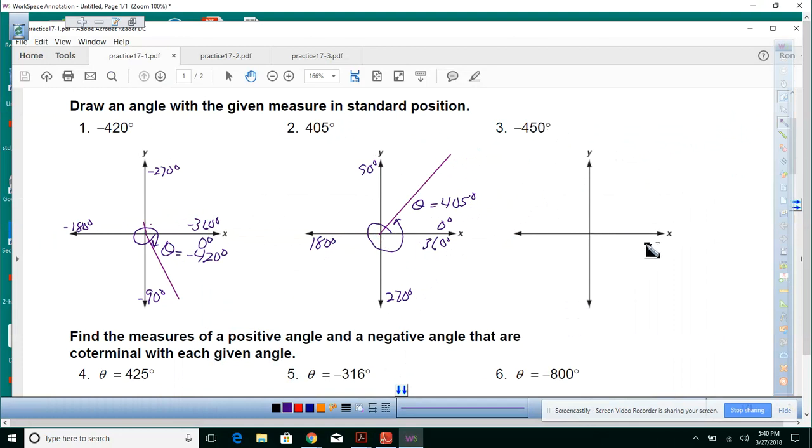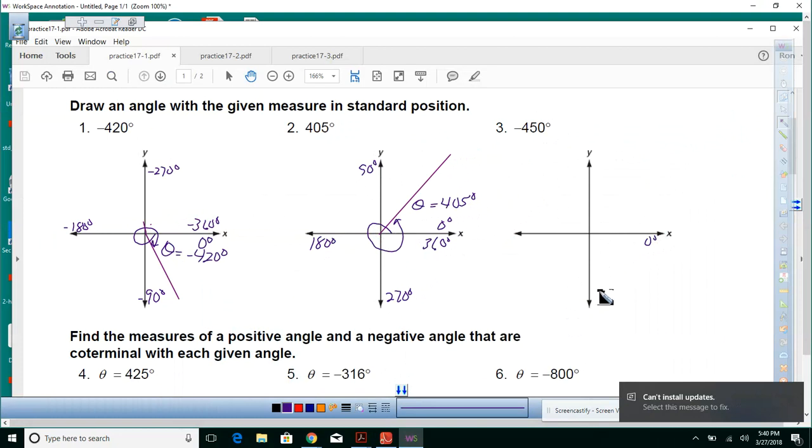Negative 450 degrees, so we're going to start here, 0 degrees, negative 90 degrees, negative 180 degrees, negative 270 degrees, negative 360 degrees, and then another 90 would be right there.